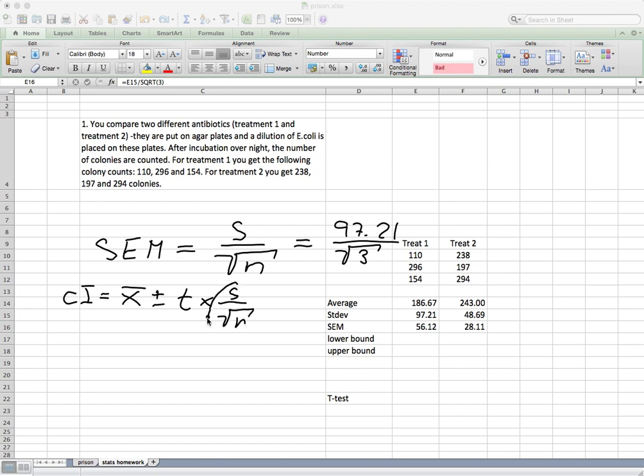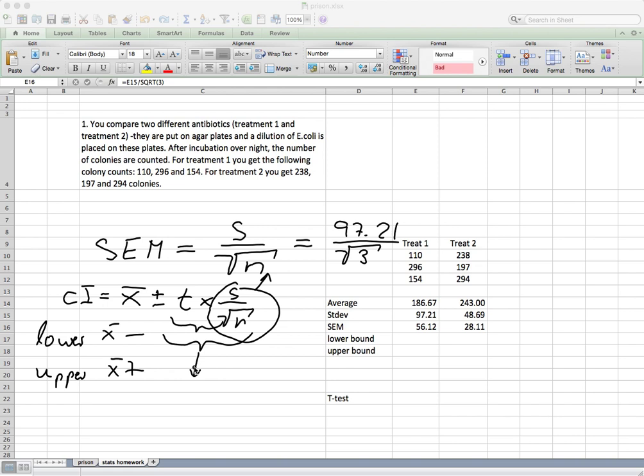And this expression is nothing else but our standard error that we've calculated. Now we would get x bar minus this expression, and that would be our lower limit. For the upper limit, we would get x bar, that's the average, plus this expression here.